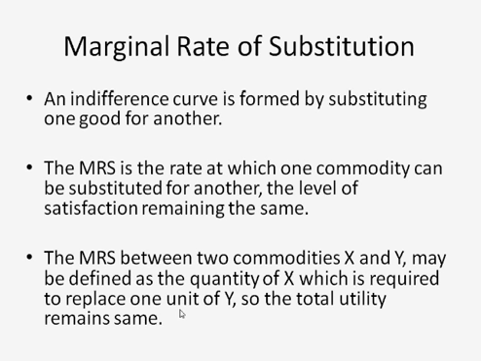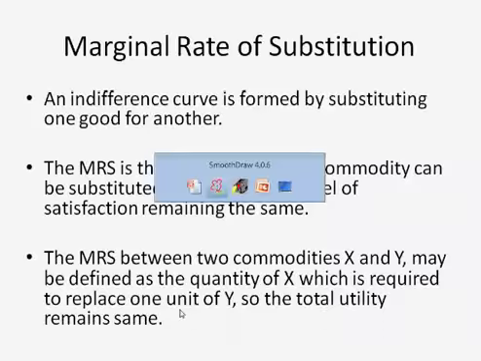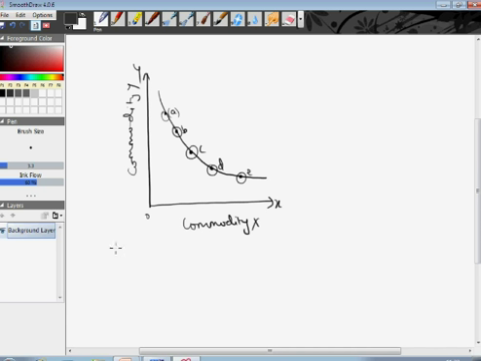And we represent it like this. If we have to find out the marginal rate of substitution for Y and X, it will be equal to the change in units of Y divided by the change in units of commodity X.